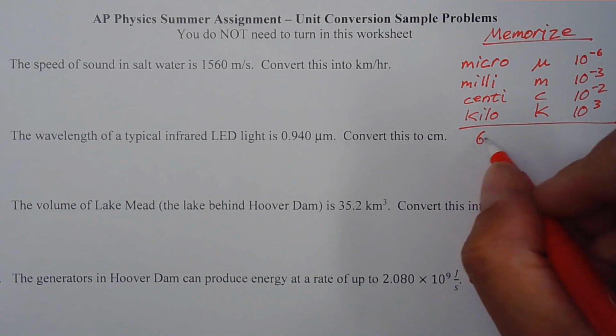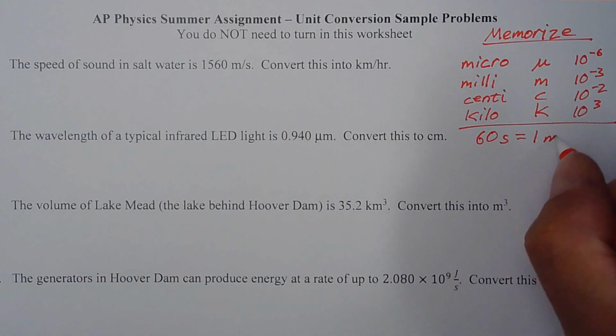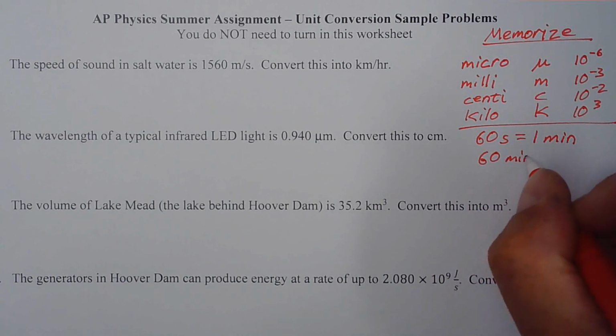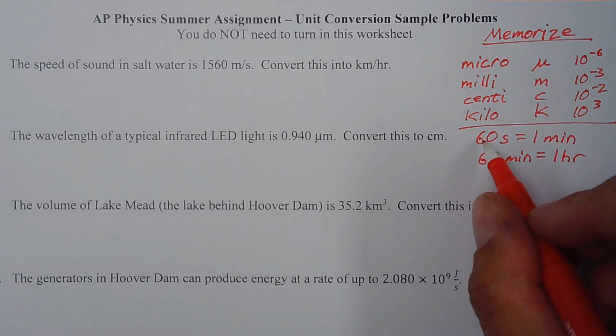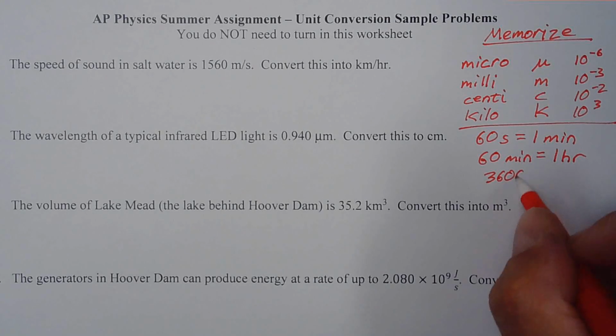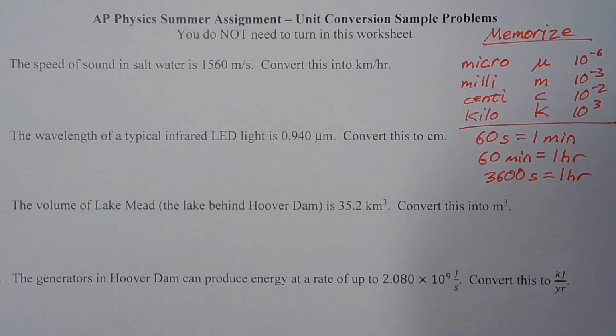You can say that 60 seconds is equal to 1 minute, and 60 minutes is equal to 1 hour, and therefore 60 times 60 gives you 3,600, not 360. 3,600 seconds is equal to 1 hour.